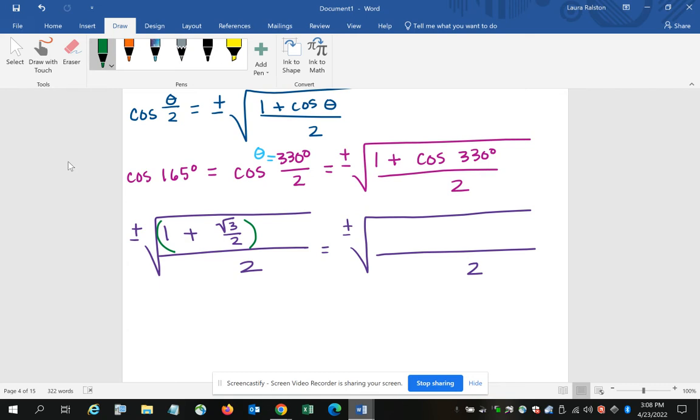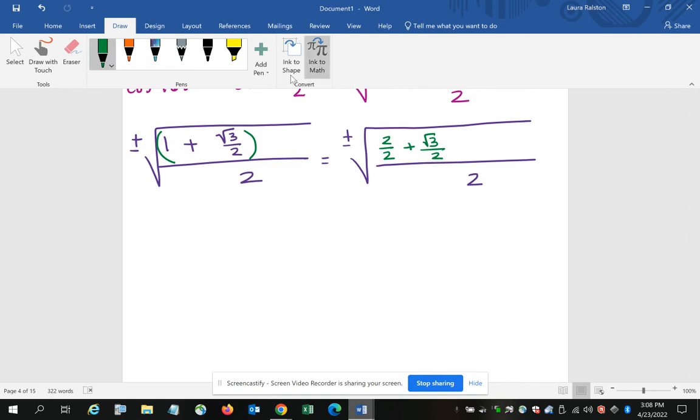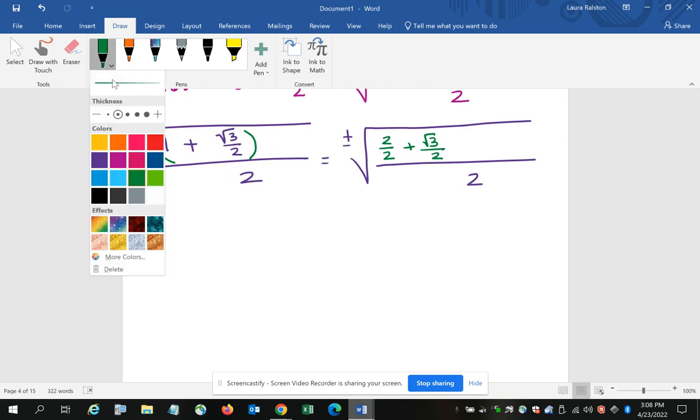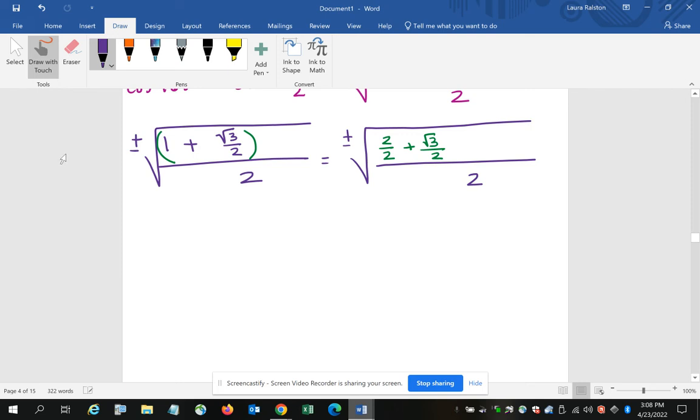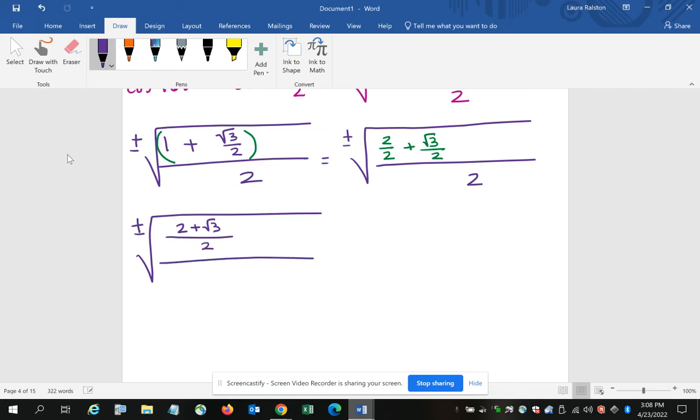In order to add that, you have to have that common denominator. So we would have 2 over 2 plus the square root of 3 over 2. We found that common denominator. But I cannot literally add 2 plus square root 3 because they're not like terms. So I have plus or minus the square root of 2 plus square root 3 all over 2, and then that yucky looking fraction is divided by 2.